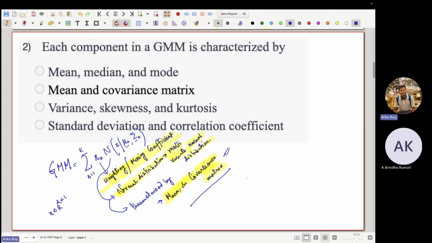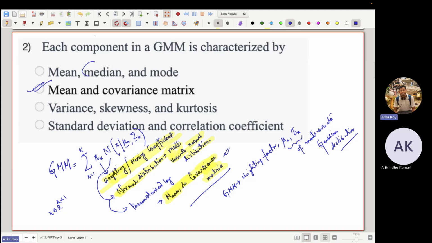So in general, your GMM comprises three main factors. One is the weighting factor, and mu k and sigma k of the multivariate Gaussian distribution. So in this case, they have only given mean and covariance matrix. So this is the correct answer.